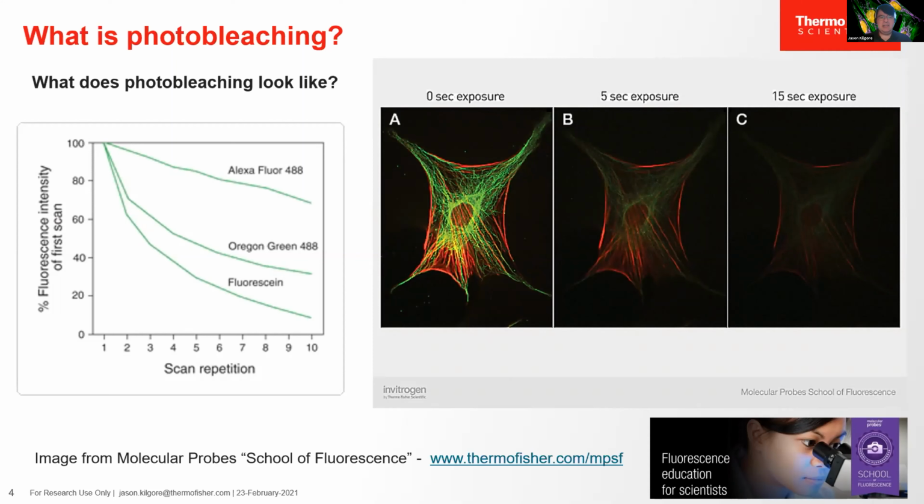Usually the x-axis is time in milliseconds or seconds, but you can also plot it based upon number of scans, as this one is. You can see that it's normalized to 100% on the y-axis, but there's an initial drop for many dyes, which is sort of that first order kinetics, and then a slower reduction of intensity over time.